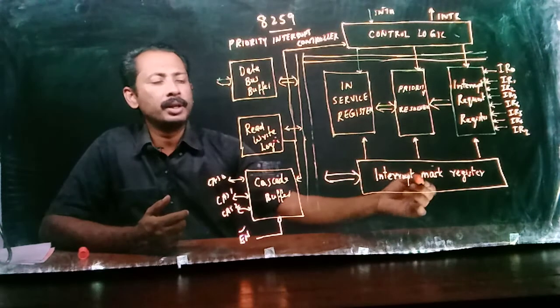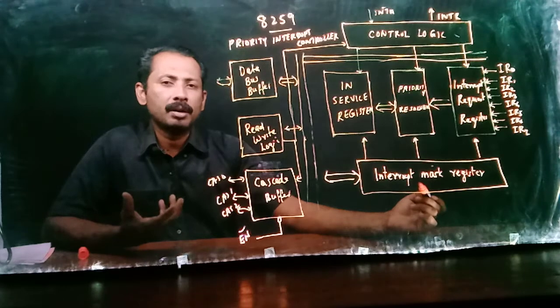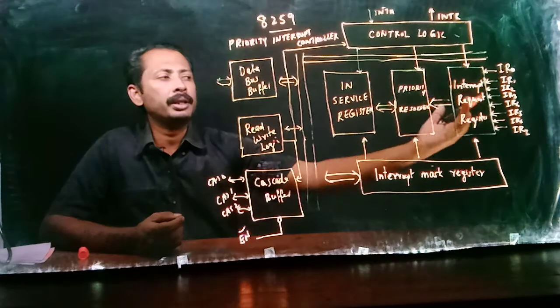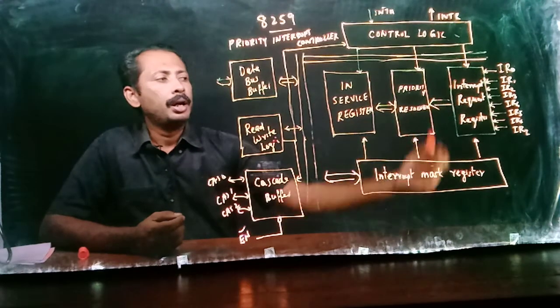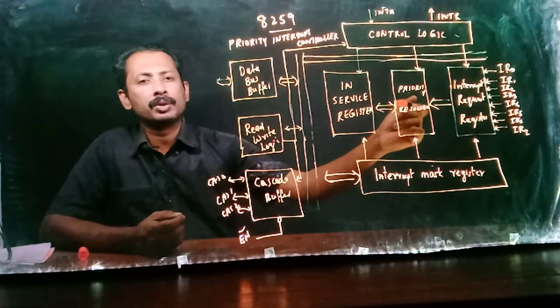The interrupt request register will accept interrupts which are not masked by the control word. It refers to the interrupt mask register for the masking status, and if the interrupt is not masked, then it is accepted and passed towards the priority resolver.